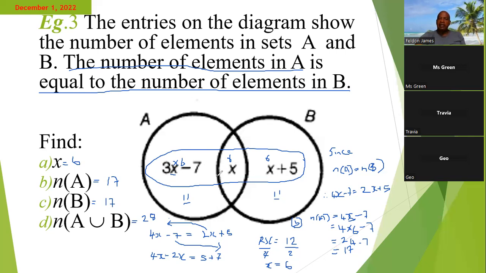So 3x plus x will give you what? 5x, right? And then you would have minus 7 plus 5. That will give you what? Minus 2. You agree with that?